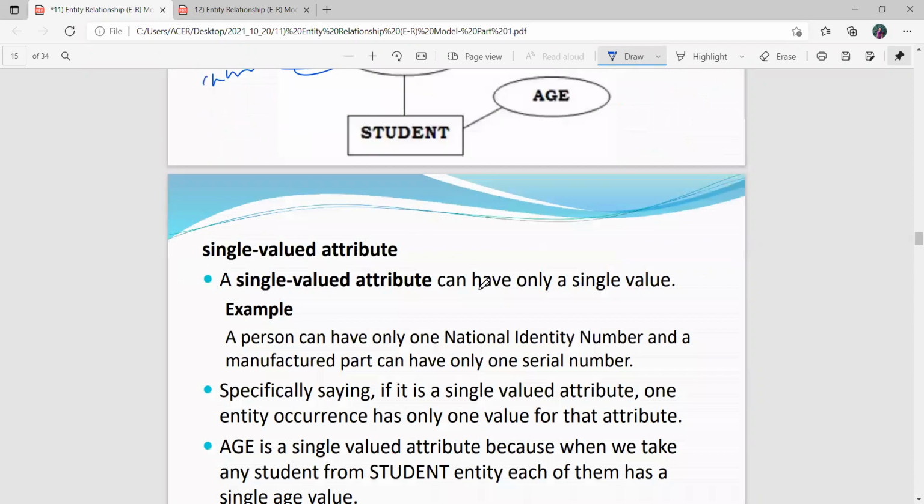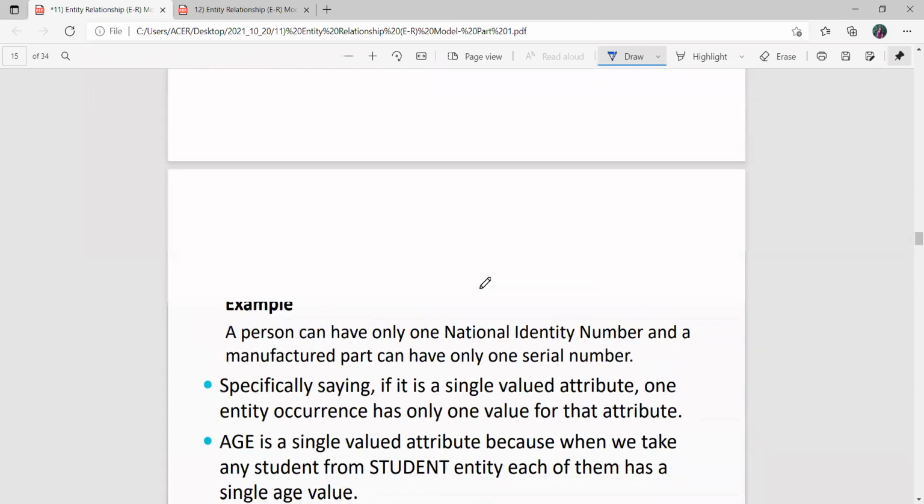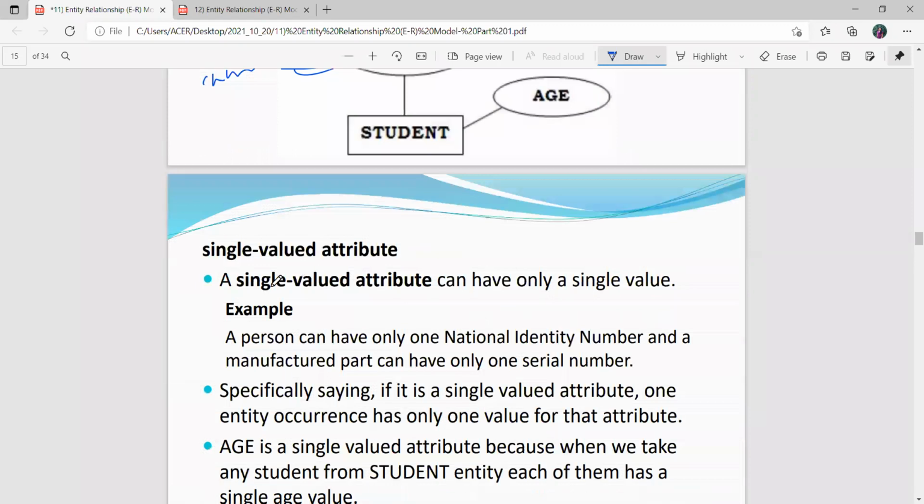Then let's discuss the single valued attribute and the multi-valued attribute. A single valued attribute can have only a single value. As an example, let's take student ID. This is a single value.